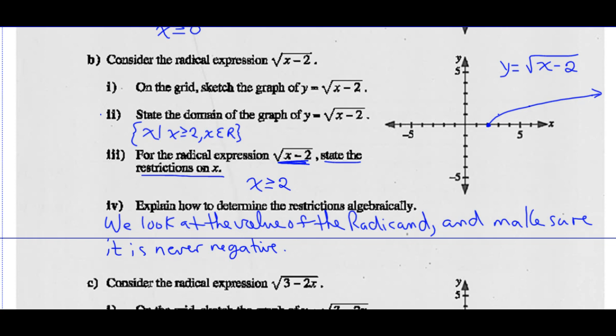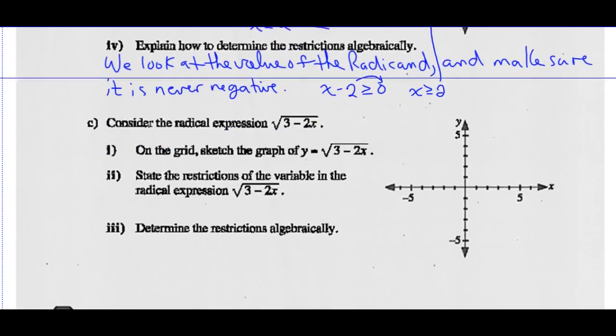So if I did it for this one, I would say x minus 2 must always be greater than or equal to 0. That has to happen for this expression. We look at the radicand, which is x minus 2, and it can never be negative, so it must be greater than or equal to 0. If I want to solve it for x, I simply add 2 to both sides. So x must be greater than or equal to 2. So there's our restriction.